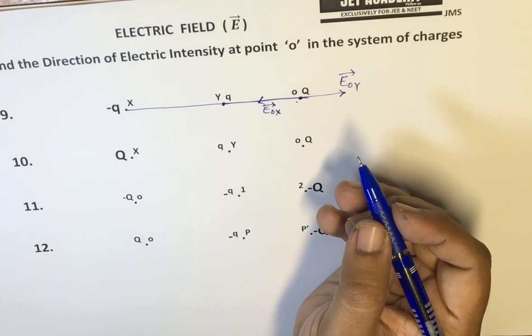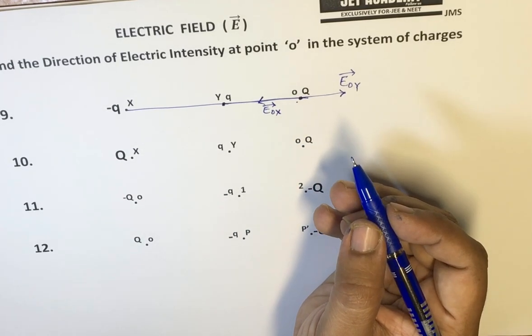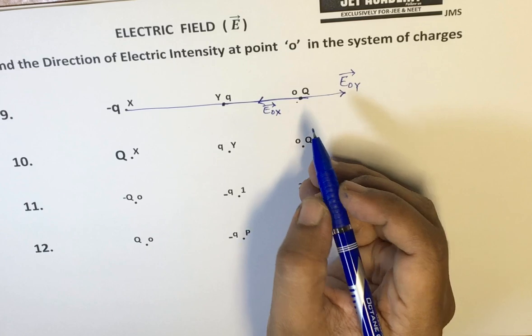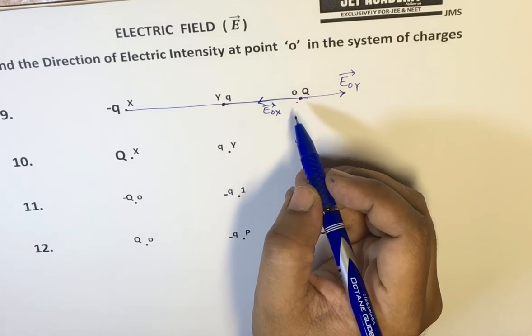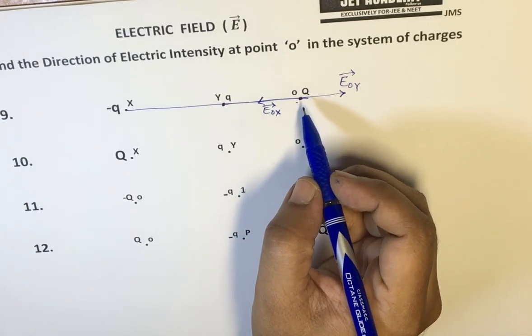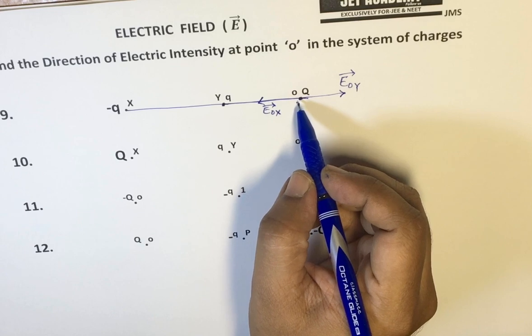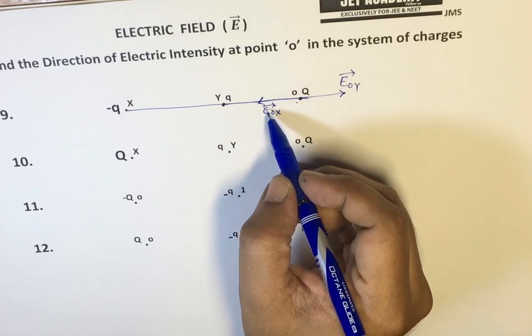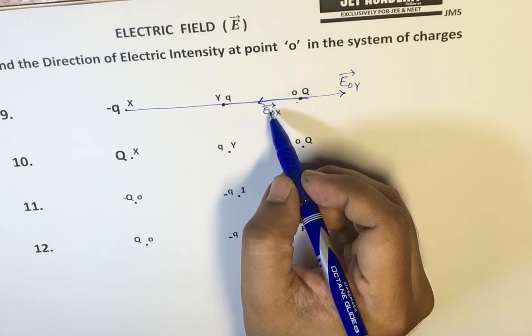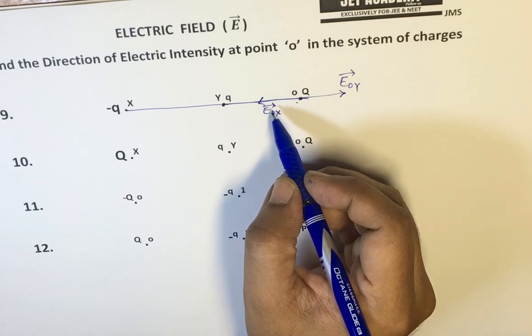We discussed in the previous class that representing the notation of electric intensity is a very important thing, to identify the respective source charge. Why?